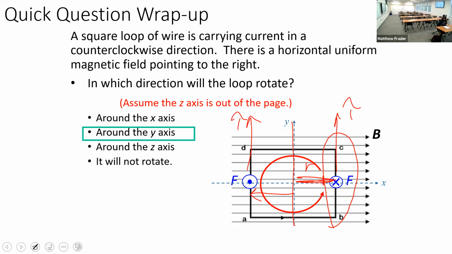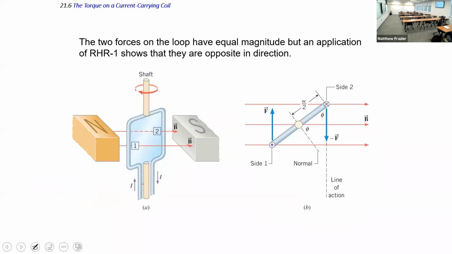So you'll have a rotation around the y-axis. Remember, torque is R times F times sine of phi, and everything's perpendicular here. So sine of 90 is 1. So we have a rotation. That's what's happening in this coil.